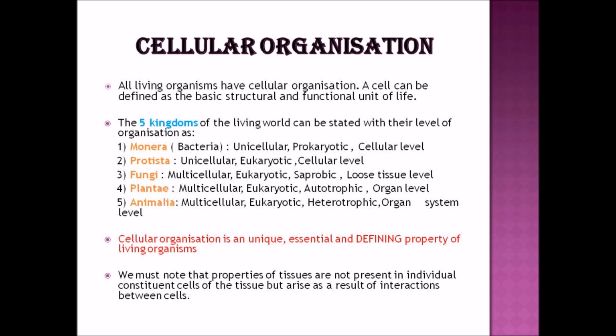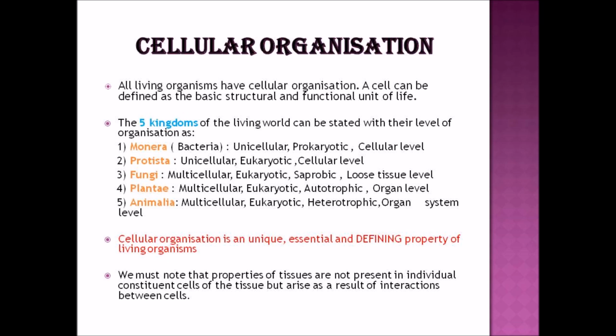In other words, they possess a well-defined nucleus bound by a nuclear membrane. Both Monera and Protista, being made of only one cell, have a cellular level of organization because the cells, being only one in number, cannot aggregate to form a tissue.